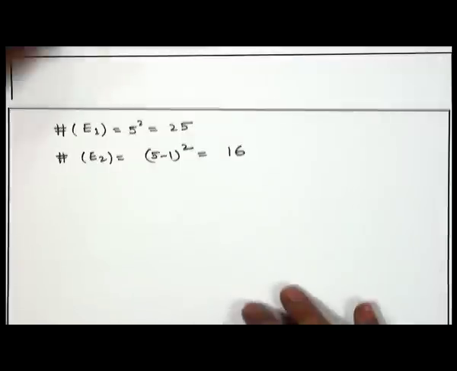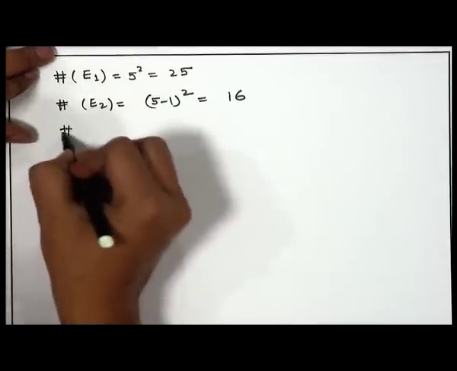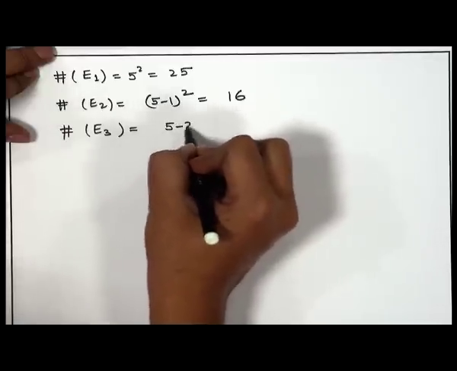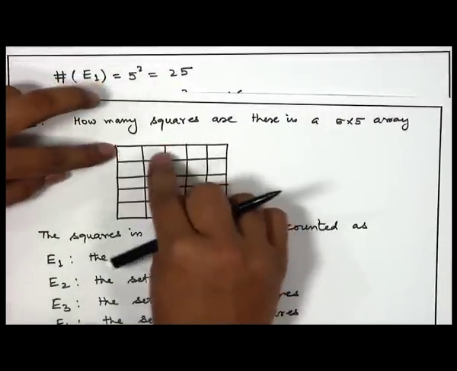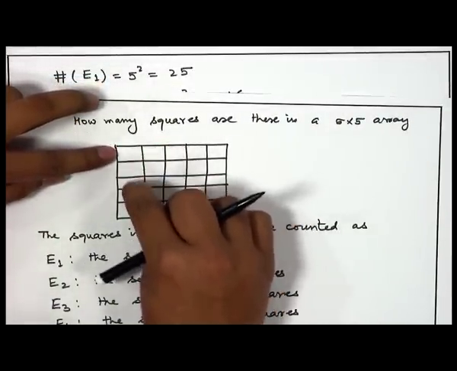If we consider 3 by 3 squares, then it will become (5 minus 2) square, that is 9. Because if I am considering 3 by 3, then I will consider first, second, third column and first, second, third row.